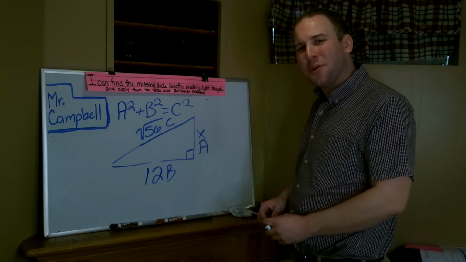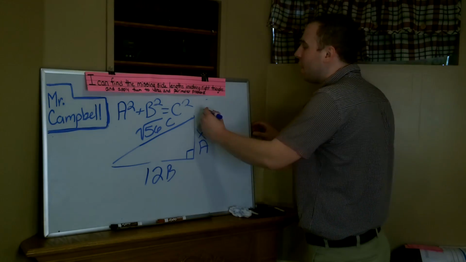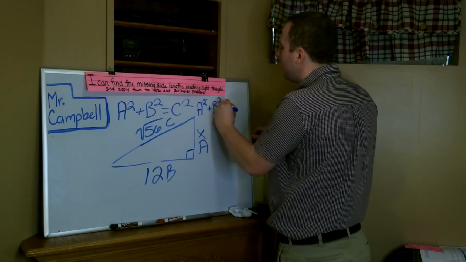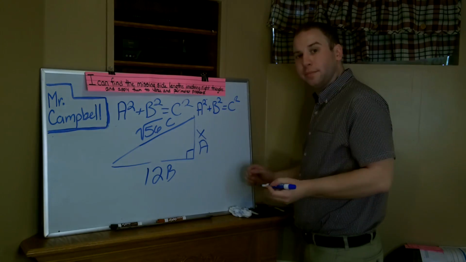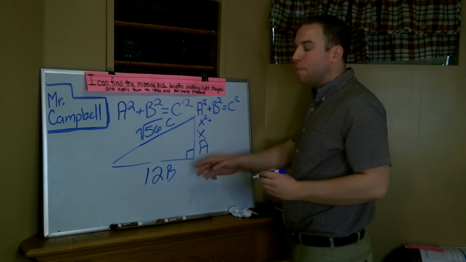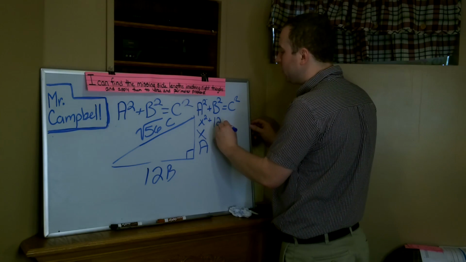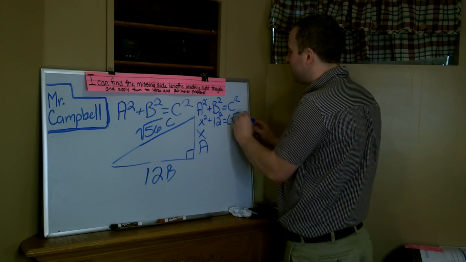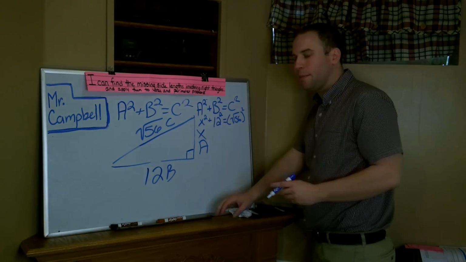Alright, let's go ahead and solve this, shall we? Using our formula of a squared plus b squared equals c squared, a is going to be x squared, b is going to be 12 squared, and c is the square root of 56, squared.